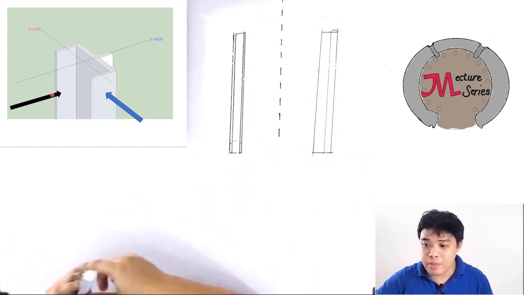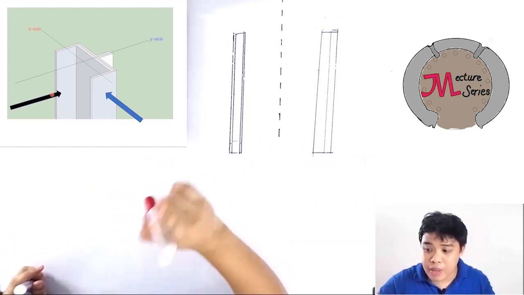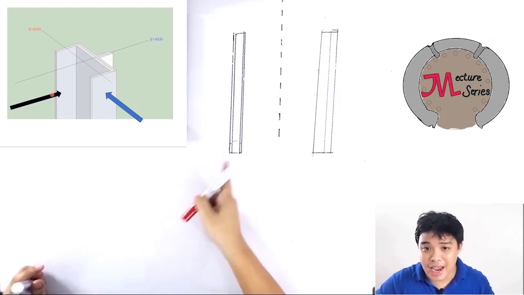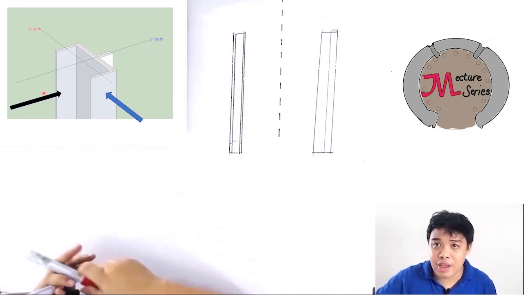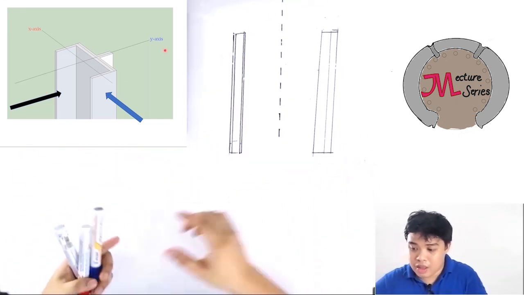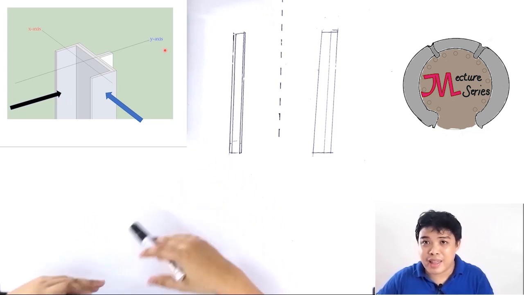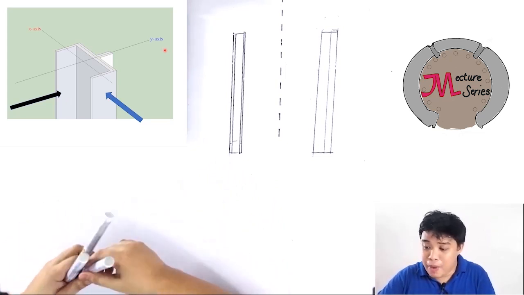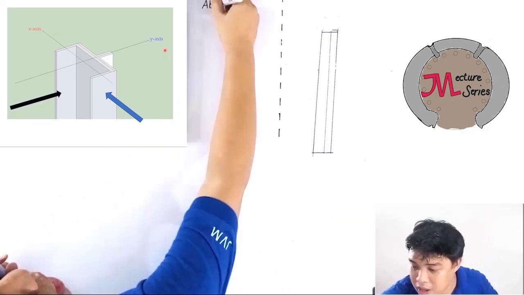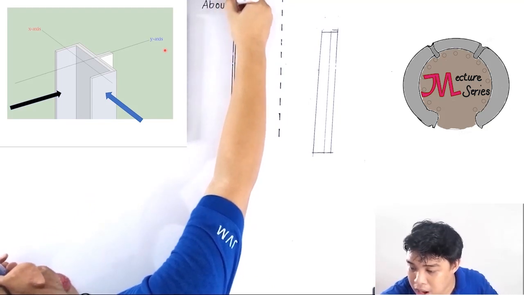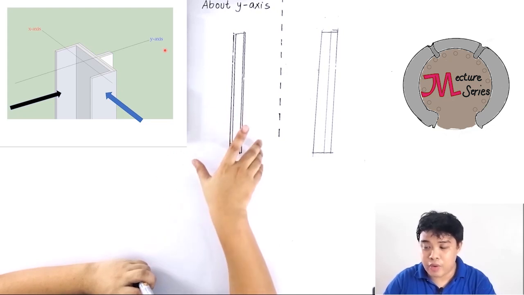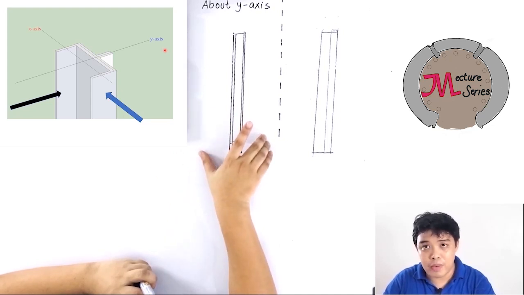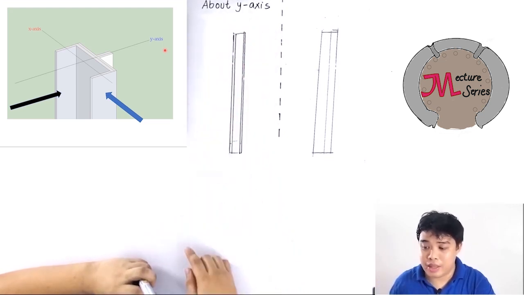And if you're going to imagine it, the axis perpendicular to this plane of analysis is basically our y-axis. In this plane of analysis, the buckling may happen about the y-axis. Let me call it buckling about y-axis. If you're going to use a property of section and you're analyzing this plane, you're going to use the property of the centroidal y-axis.